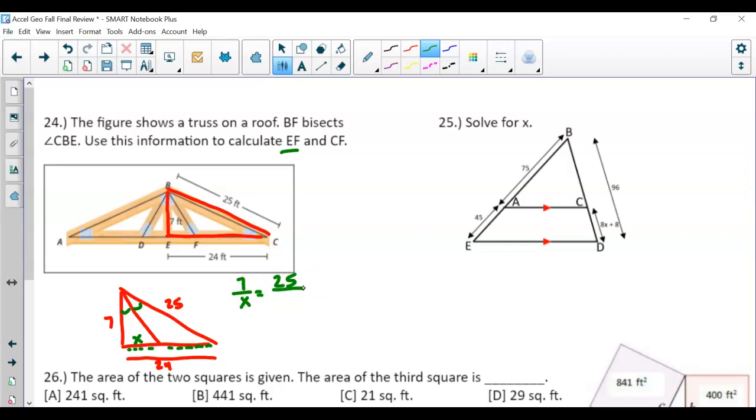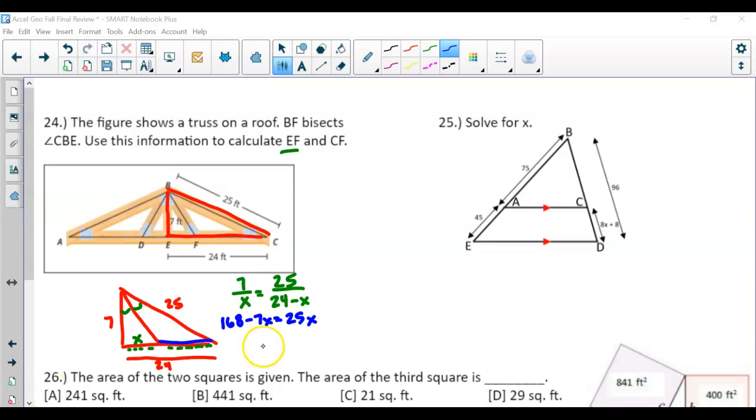We can't use 24 because that's everything combined, but we can use 24 minus X. Again, it's the total subtracting that section to get the other piece, this missing piece here. Now when you cross multiply and solve, you get 168 minus 7x is equal to 25x. Now you can go through and solve this equation for x.